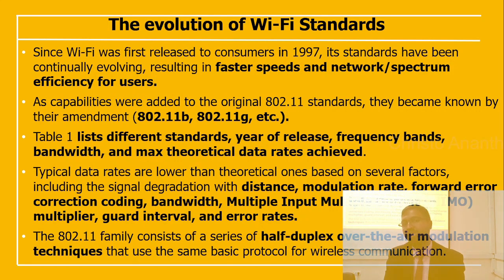Since Wi-Fi was released to consumers back in 1997, the standards have been continuously evolving. We have faster speeds, broader networks, broader spectrum, and very high efficiency for the users. As capabilities were added to the original 802.11 standard, we have 802.11b, 11g, and so on, with different standards, years of release, frequency bands, bandwidth, and maximum theoretical data rates.